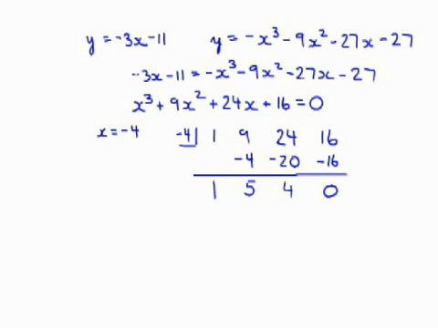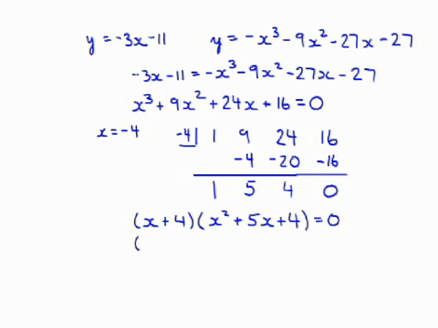That tells us that if one of our factors is x plus 4, then the other factor, from the 1, 5, and 4, has got to be x squared plus 5x plus 4. Now I can take that quadratic and factor it further, so my cubic function factors down to x plus 4 times x plus 4 times x plus 1, and they're all equal to 0.